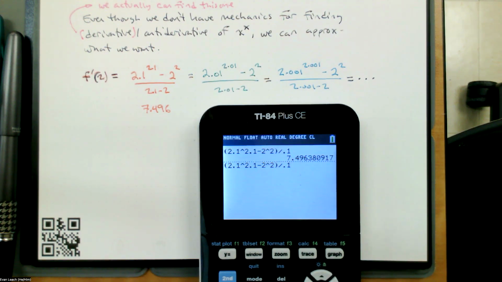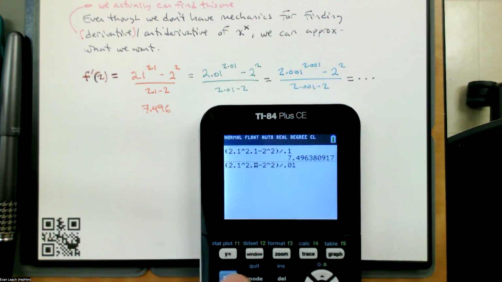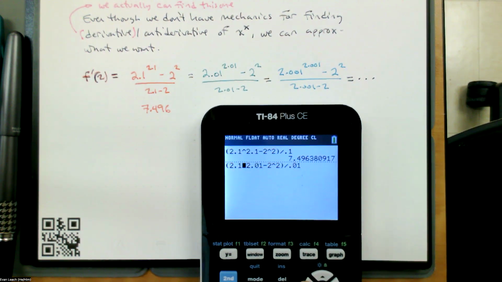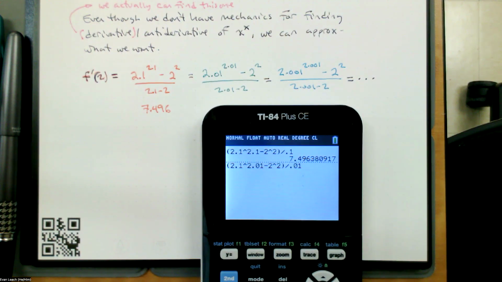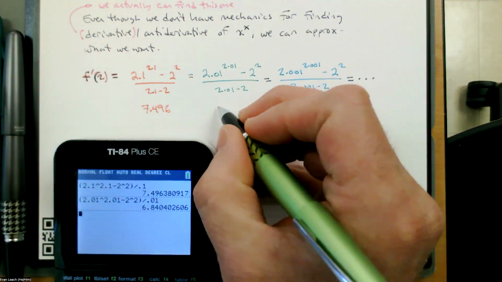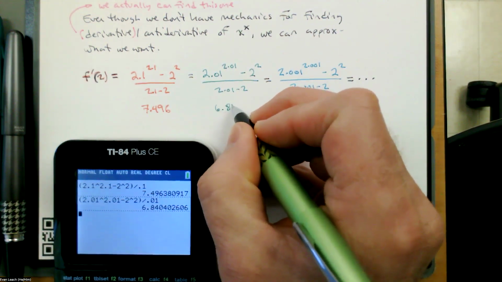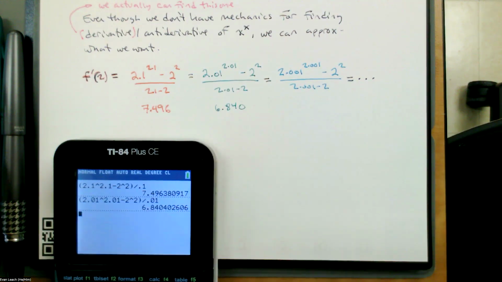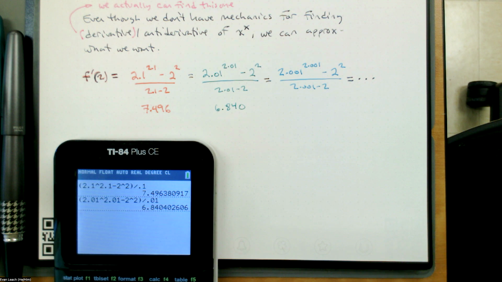That point is really far away, so I'm going to move closer by a factor of 10. Now we look at how much this changed from 7.5 to 6.8. This was a big change, so maybe we should go closer because 2.1 was clearly not very good.